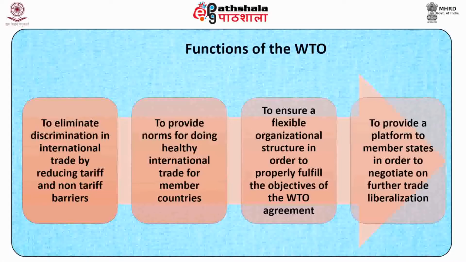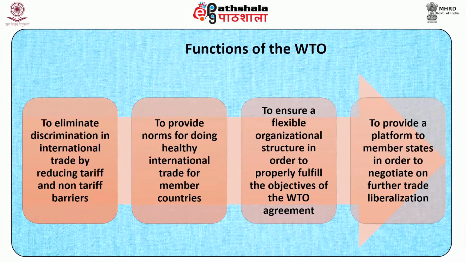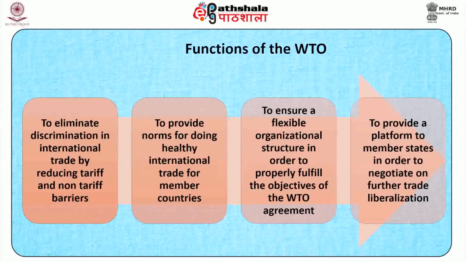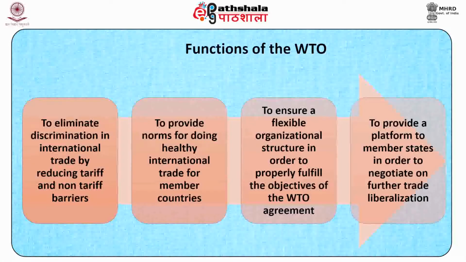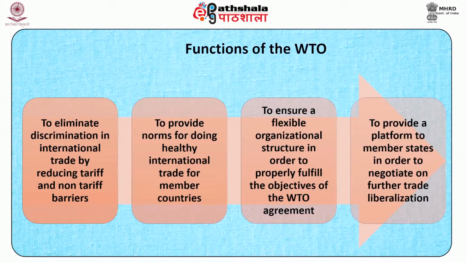To provide norms for doing healthy international trade for member countries. To ensure a flexible organizational structure in order to properly fulfill the objectives of the WTO agreement. To provide a platform to member states in order to negotiate on further trade liberalization.